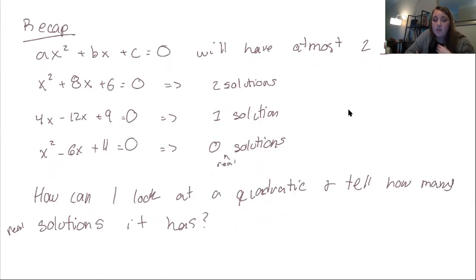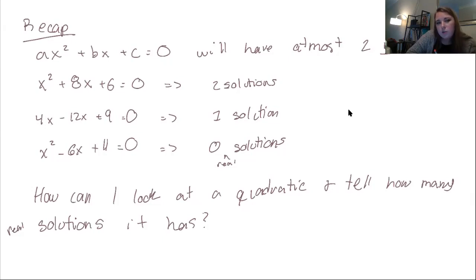Well, that's going to tell us all these still have the highest power of 2, but how many does it actually have? The highest power will tell me at most how many it can have, but how can I figure out what exactly it gave me? But what if I can't FOIL it? I can't factor.